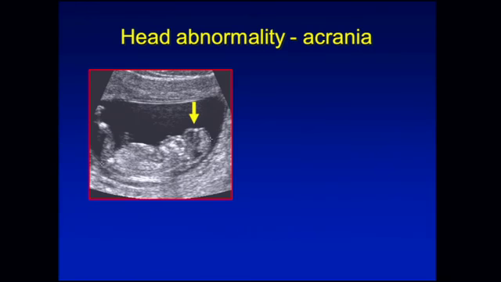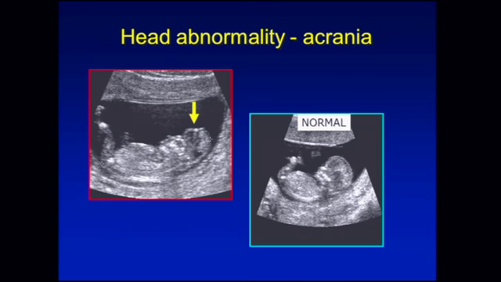In this fetus, we can appreciate that the shape of the fetal head is unusual and abnormal, especially when you compare with this normal fetus. Now, this finding of an abnormal fetal head shape should be noticed when we measure the crown rump length.